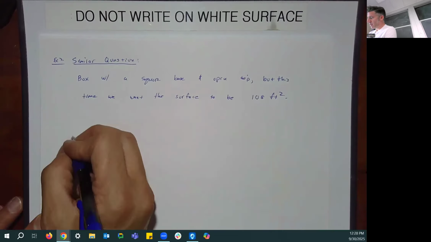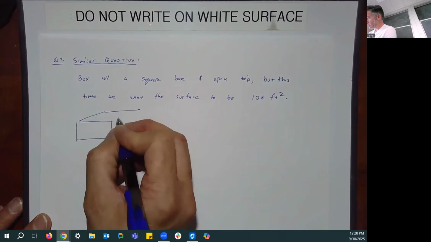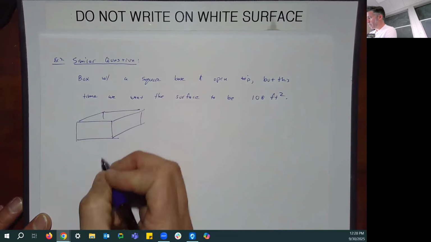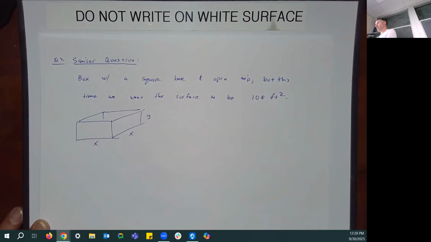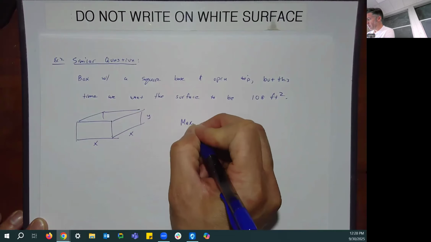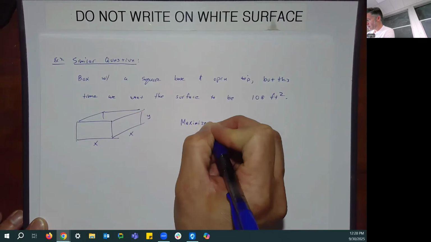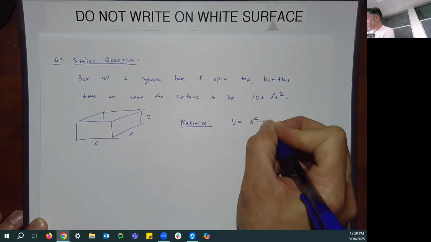So we can draw the same picture. We probably don't really need to, because it's literally the same picture. There's our open top box with x and y as the dimensions. So now we want to maximize the volume, which is x squared multiplied by y.